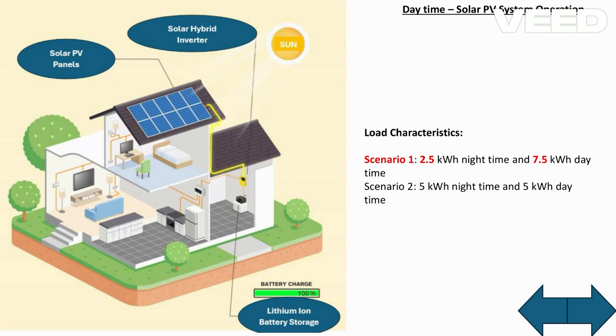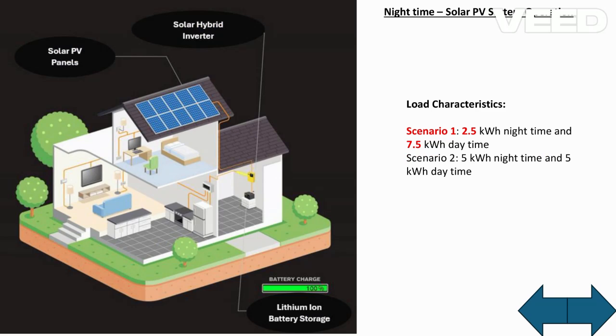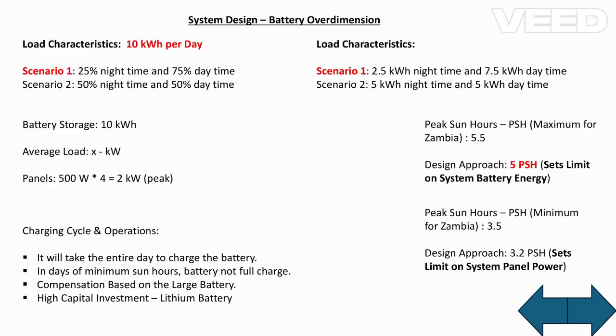So 2.5 will be used in the night. So if we wake up the following day, after a night, of course, our system will actually remain with 7.5. So the compensation, as already alluded to, comes in the battery capacity.